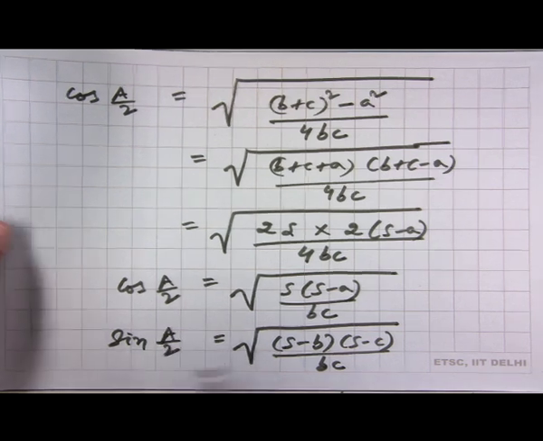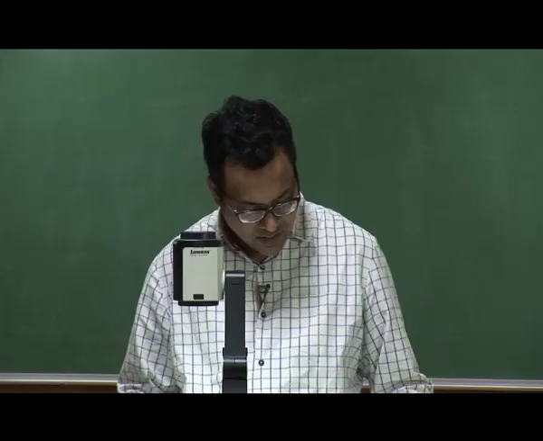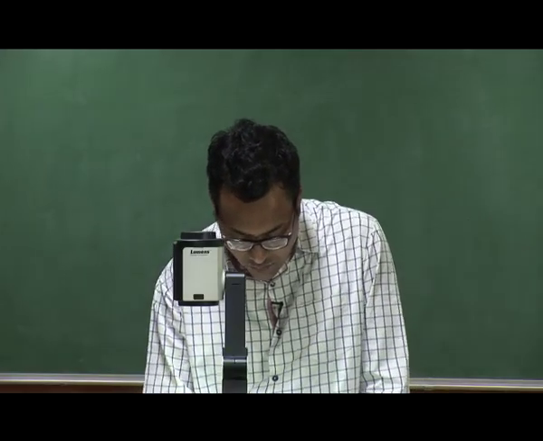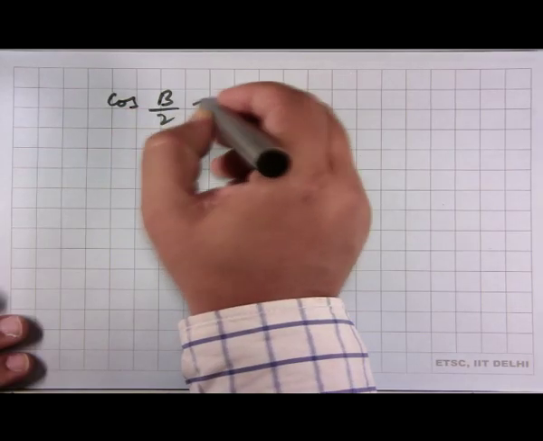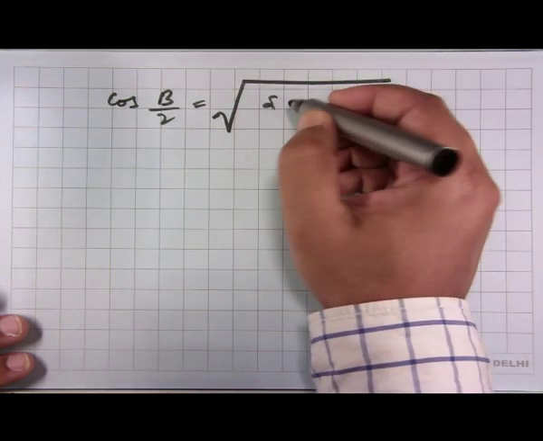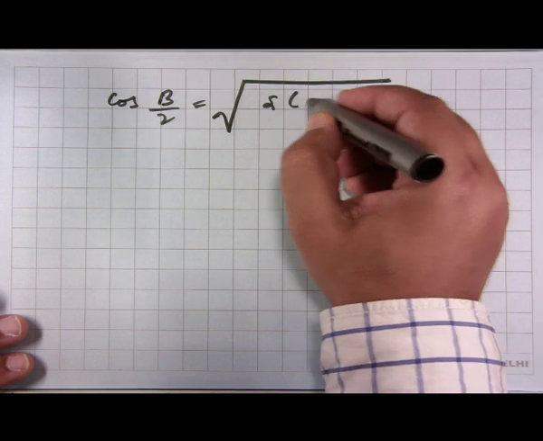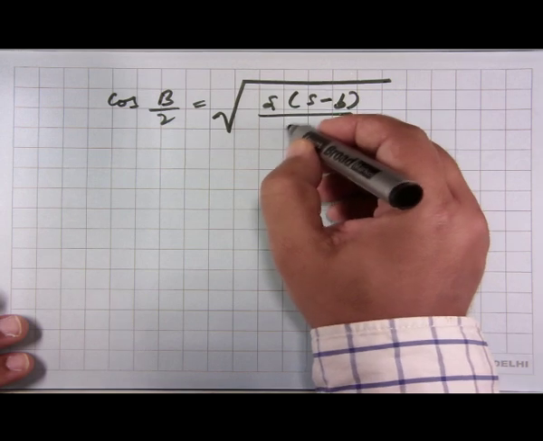So, this is the formula for the cos and sine of the half angle for A, and similar formulas hold for the half angle of B. The formula is square root of S into S minus B over AC.